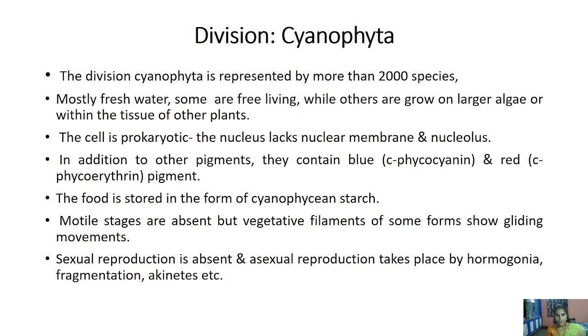The motile stages are completely absent in their life cycle, but some filamentous forms of cyanobacteria exhibit locomotion in the form of gliding movements. Sexual reproduction is completely absent, and asexual reproduction takes place by hormogonia, fragmentation, and akinetes.